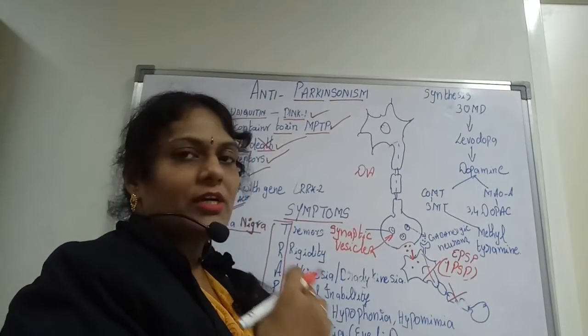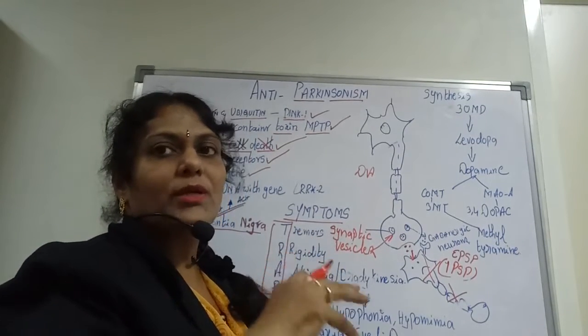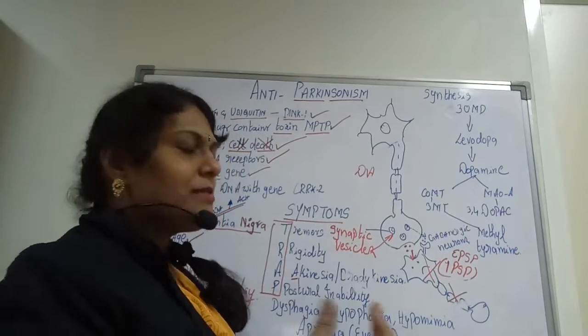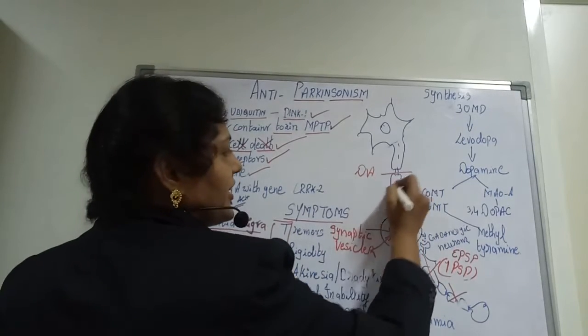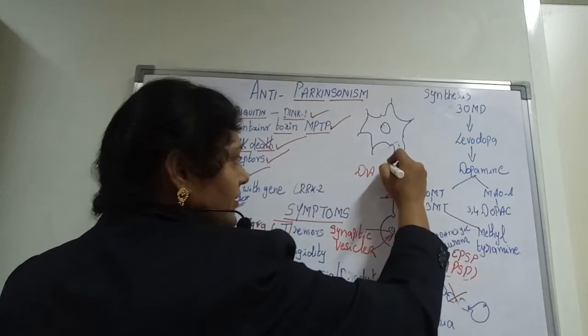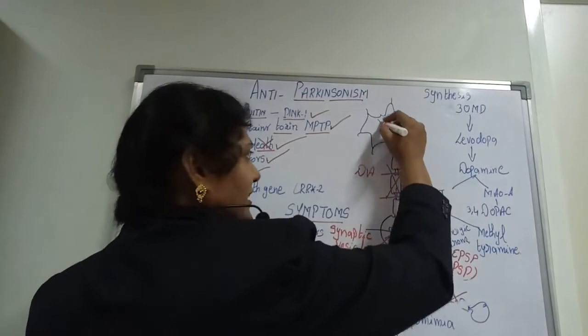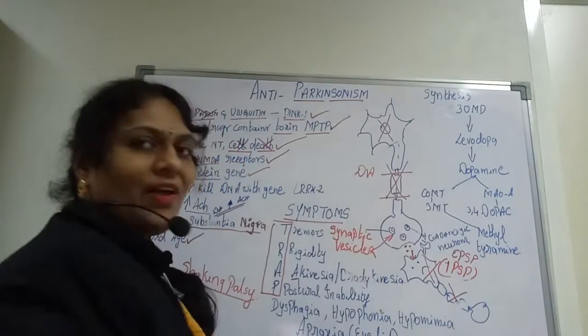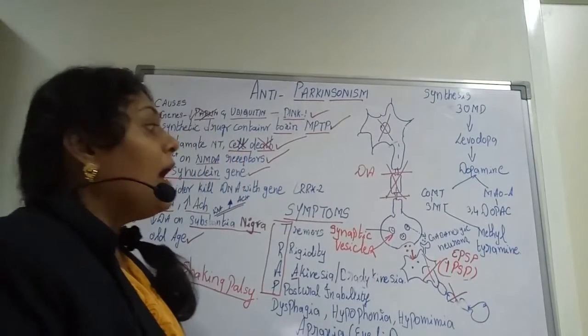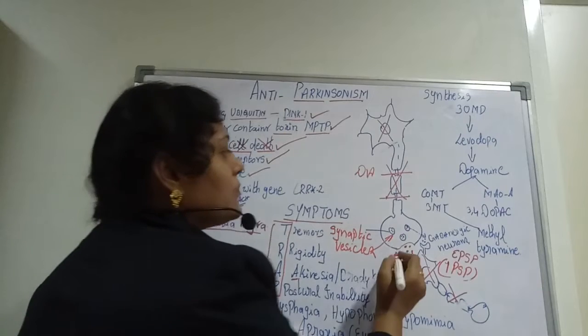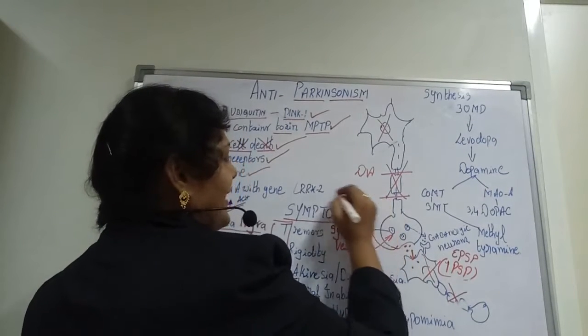And why is this dopamine not able to be submitted onto the GABA? There may be a neurodegenerative disorder. As I said, the collapse of the neurons may happen, the collapse of the nerves may happen, the collapse of the axonal system may happen, and also the metabolism of dopa may be affected.